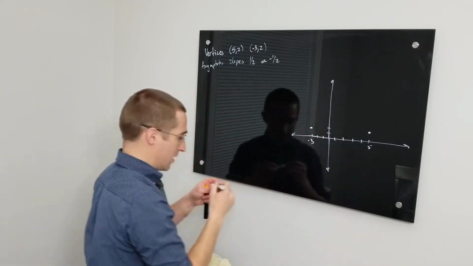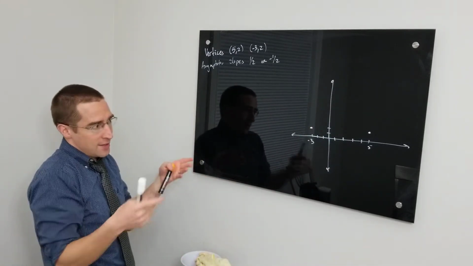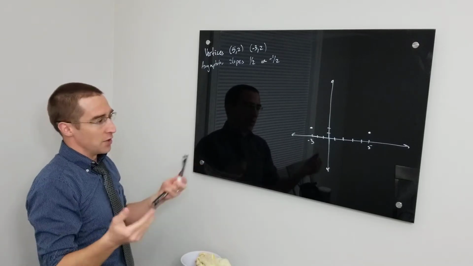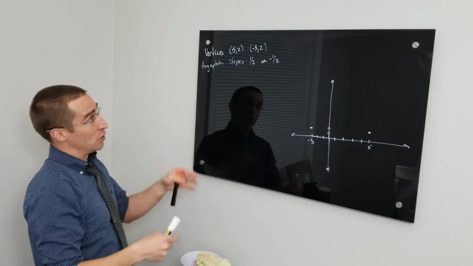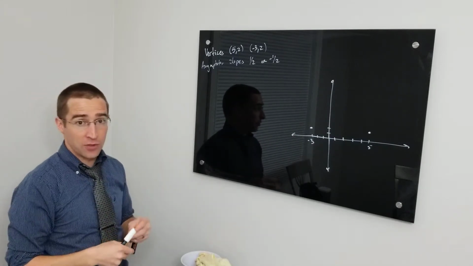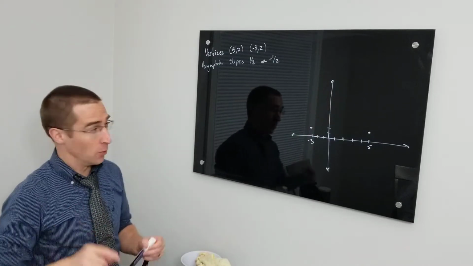Those are my vertices. Now, in order to find my center, I just find the point that's in the center of those two vertices. You can either just count it in, or you can take the average of the 5 and the negative 3: 5 plus negative 3 is positive 2. Divide by 2, you get 1.